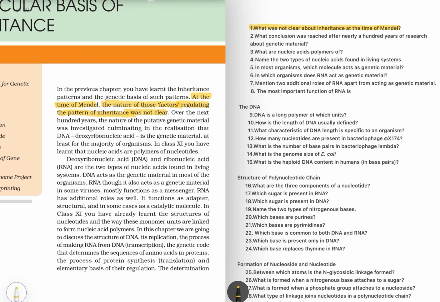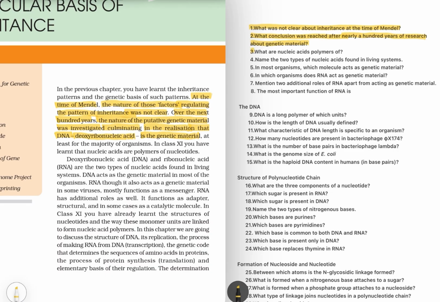The next, what conclusion was reached after nearly 100 years of research about genetic material? Over the next 100 years, the nature of putative genetic material was investigated, culminating in the realization that DNA, deoxyribonucleic acid, is the genetic material.